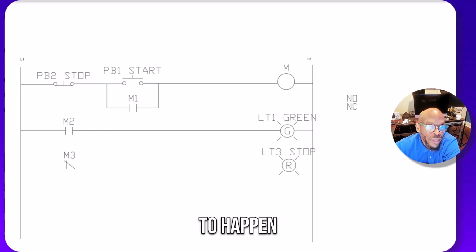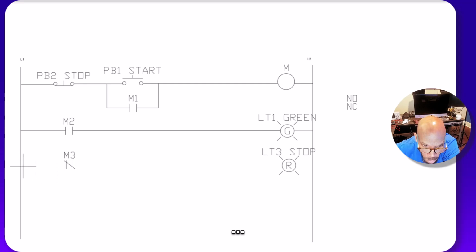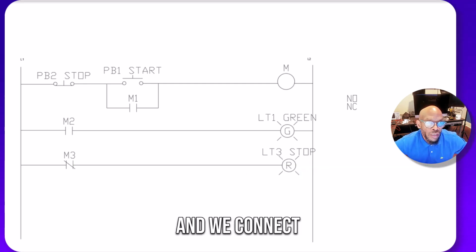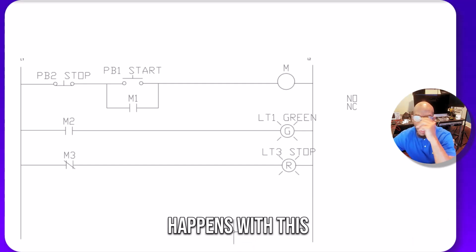So what's going to happen? Let's draw our line, and we connect it to neutral. Now, what happens with this circuit?